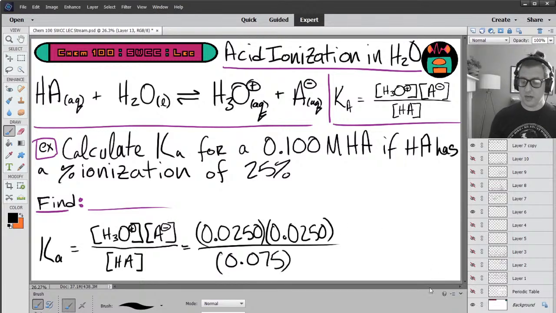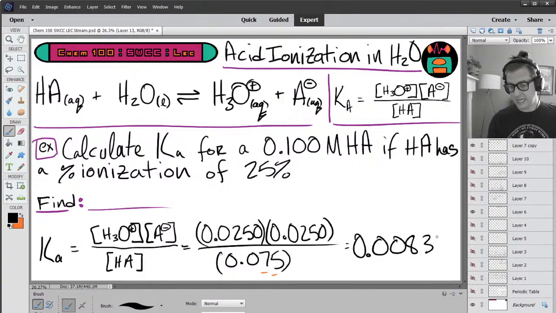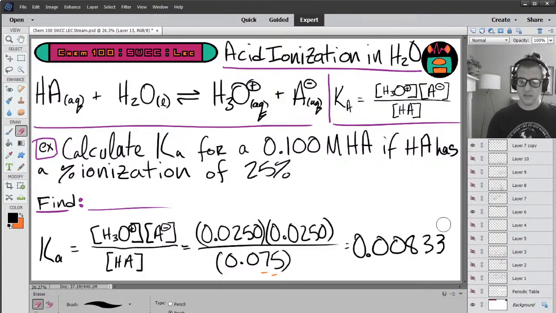Both numbers in our numerator have 3 sig figs. Our denominator, however, only has 2, so that is going to limit our answer to 2. Now my calculator is telling me that the answer is 0.008333 forever, but we can only have 2 sig figs.